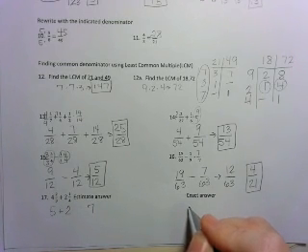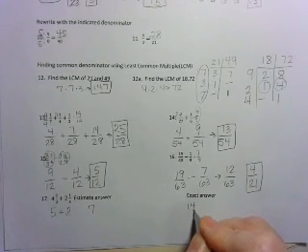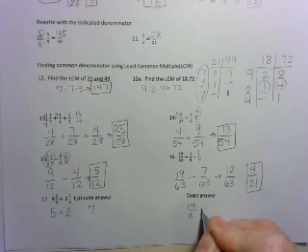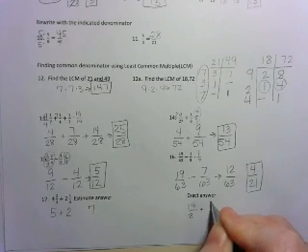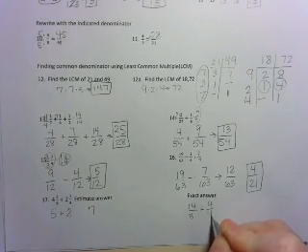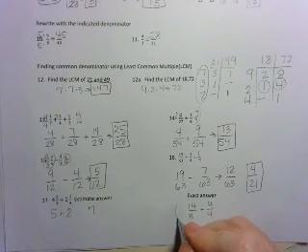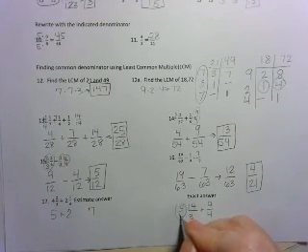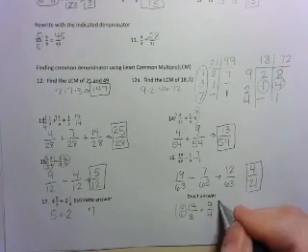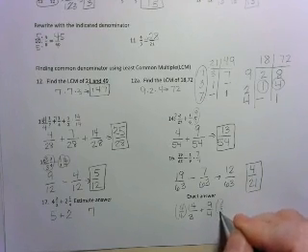fractions. So I have 14 over 3 plus 9 over 4. And then I have to find my common denominator, which is going to be 12. So I'm multiplying this fraction by 4 over 4, and this one by 3 over 3.